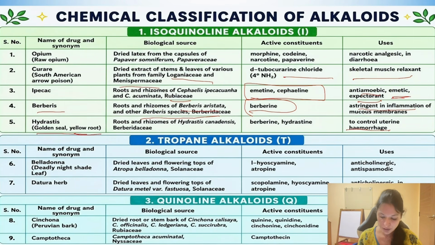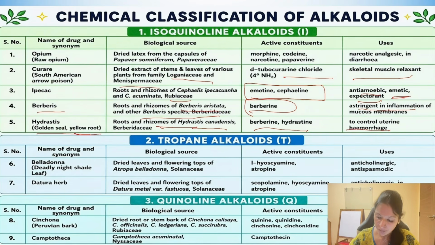The source is the roots and rhizomes of Hydrastis canadensis, and this also belongs to the family Berberidaceae. The active constituents are berberine as well as hydrastine, and it controls uterine hemorrhage. The uses are also very important when we take our exams.